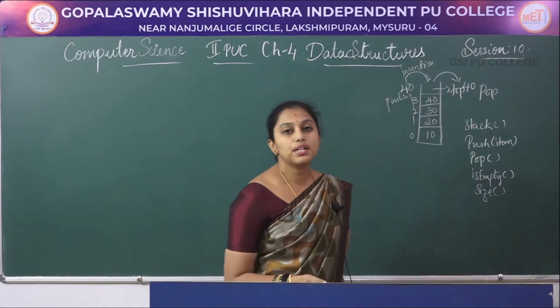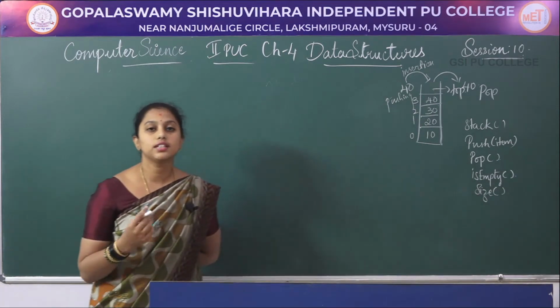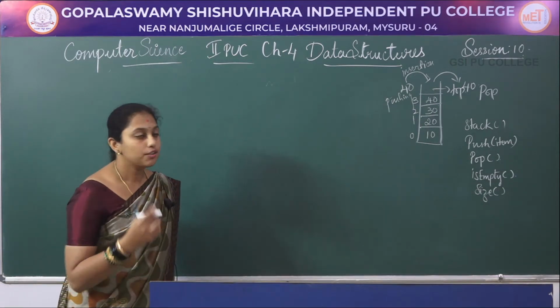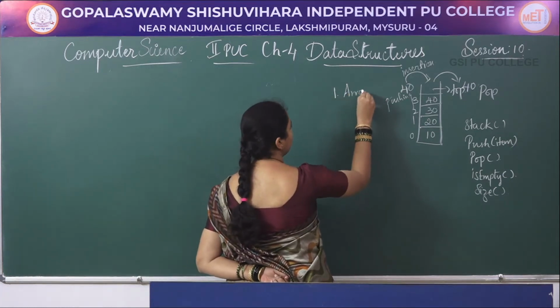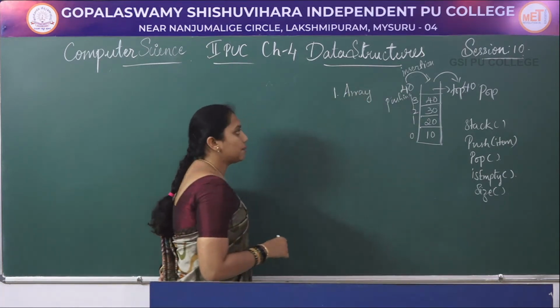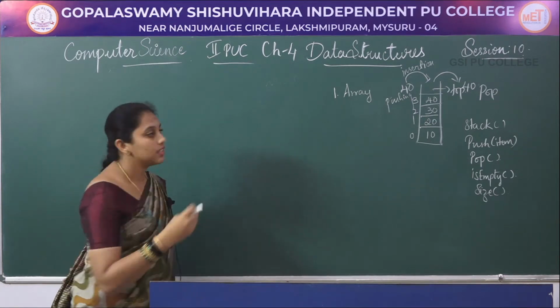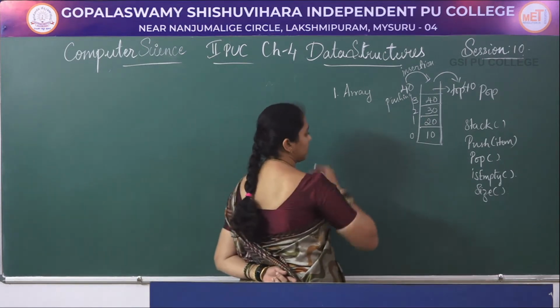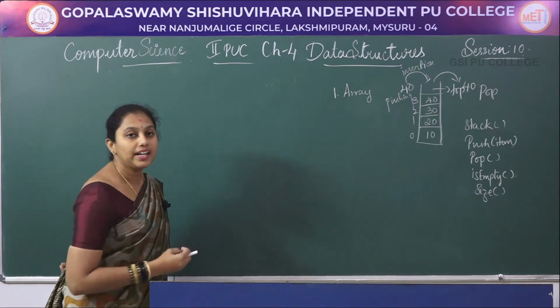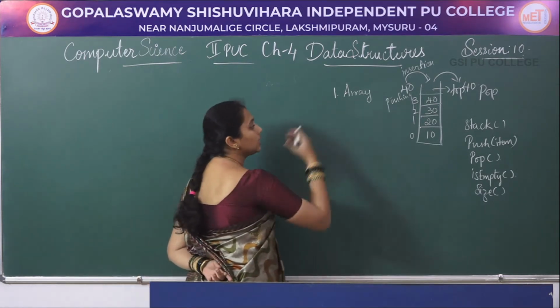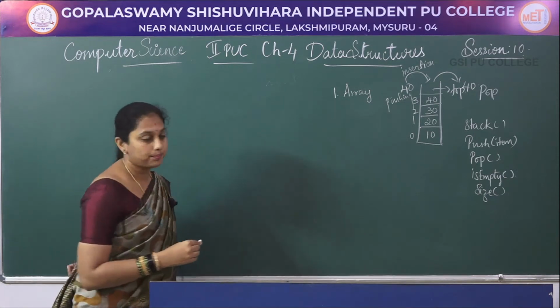When it comes to the representation of stack, there are two types. The first one is array representation of stack. In array representation of stack, the size of the array is fixed. Here we are storing the items of the stack in an array.